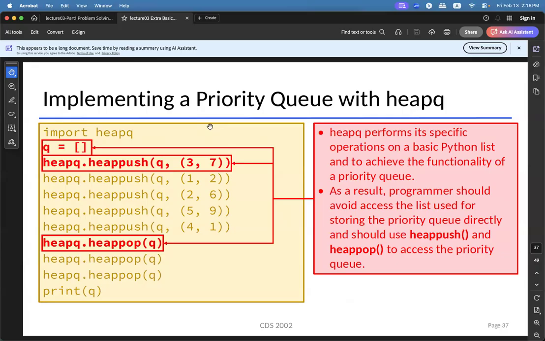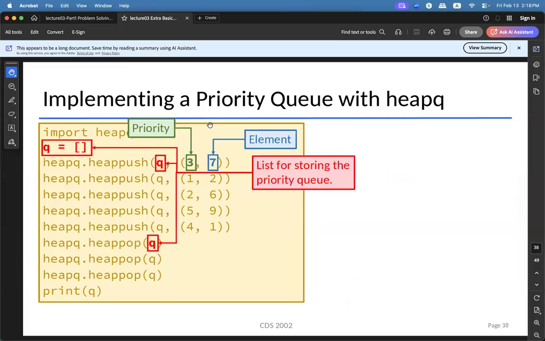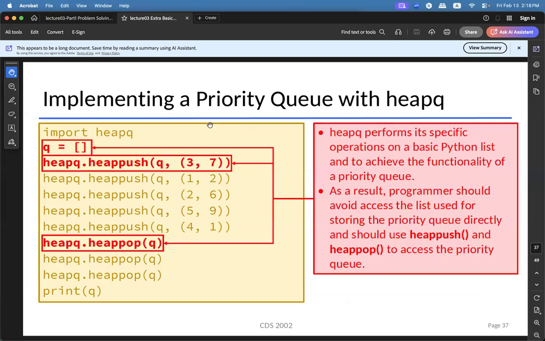And here are some examples, and some explanation of how this library works. The first argument is the list. Before we work with a priority queue, you need to first create a list, and the list will be the data structure that stores the priority queue.